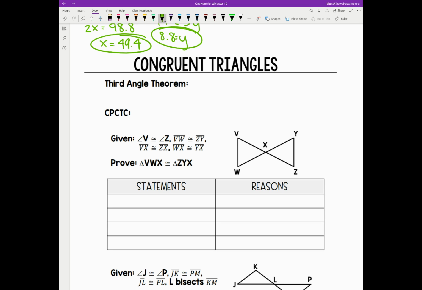The first one is the third angle theorem, which says if two triangles have two congruent angles, and I'm abbreviating here, then the third angle in each triangle must also be congruent.